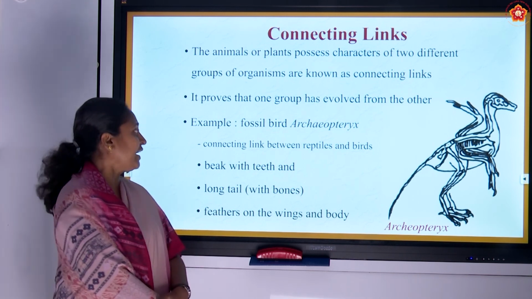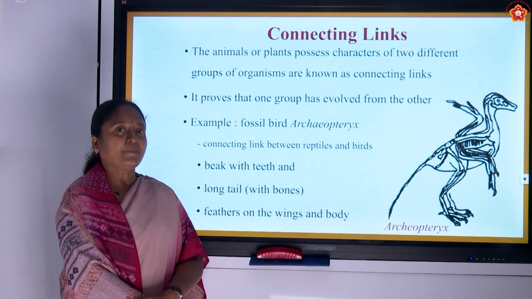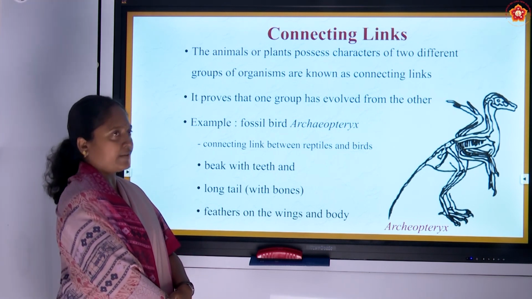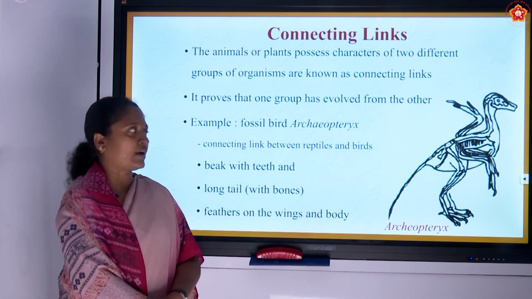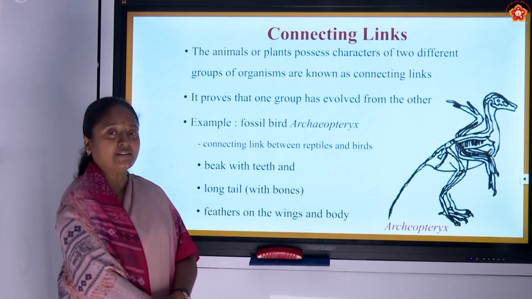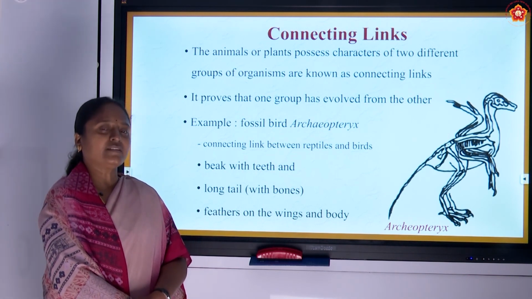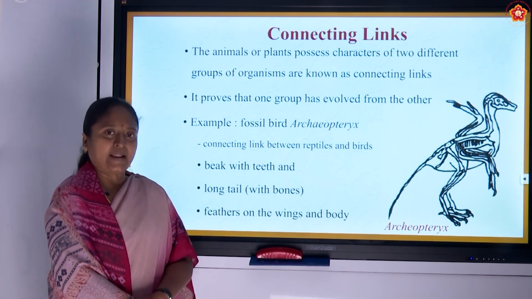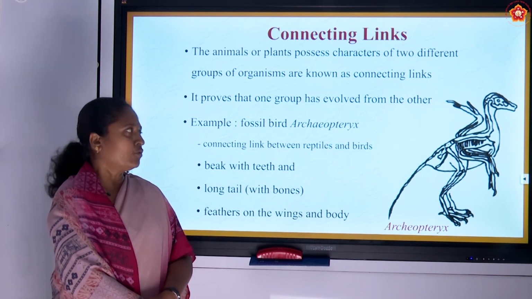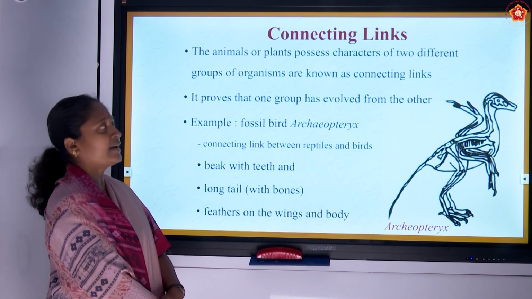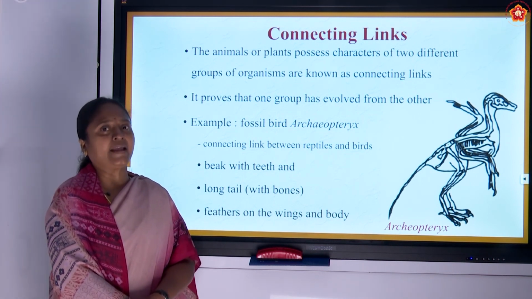It had a beak, but it had teeth like a reptile inside the beak. It had feathers covering the whole body, and it had a wing also. At the end of the wing we can see fingers, which had nails also. So it shows both the reptile characters and the aves characters together. So this organism may be a connecting link between the reptiles and the aves.